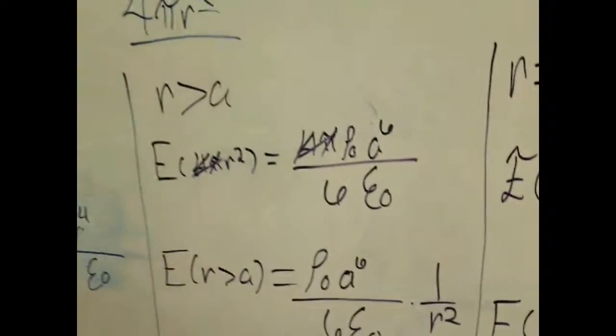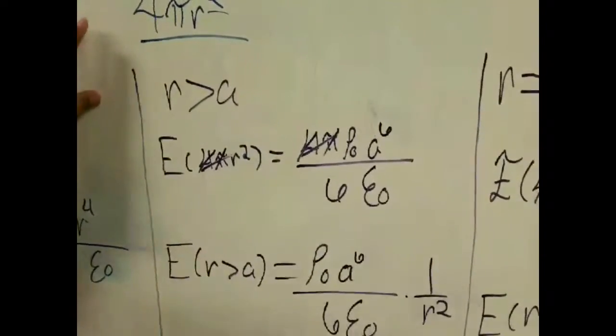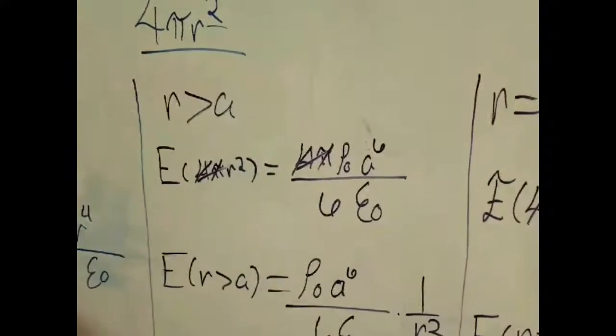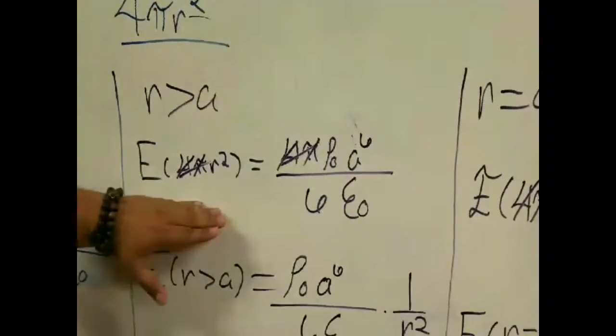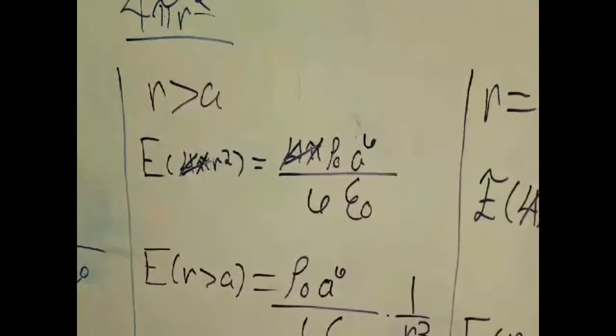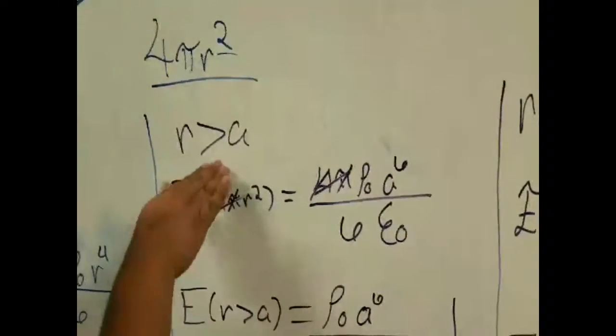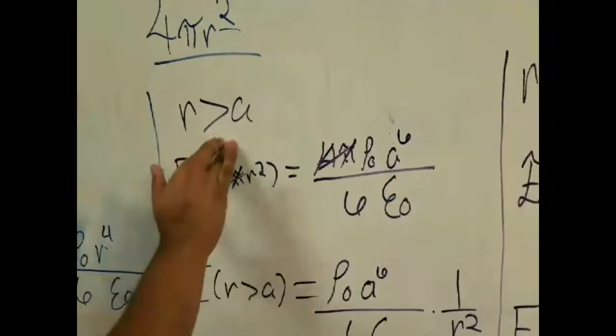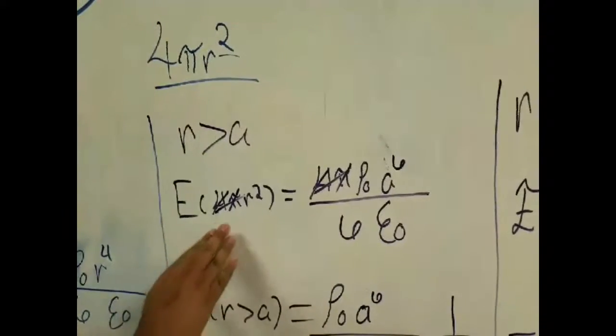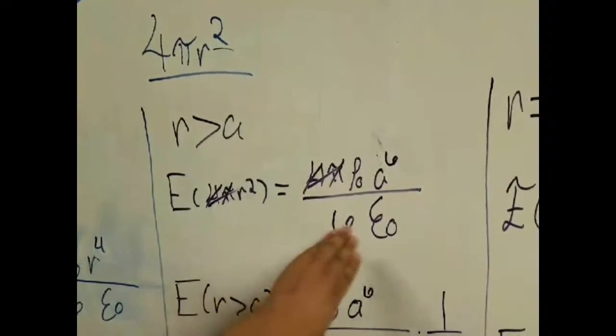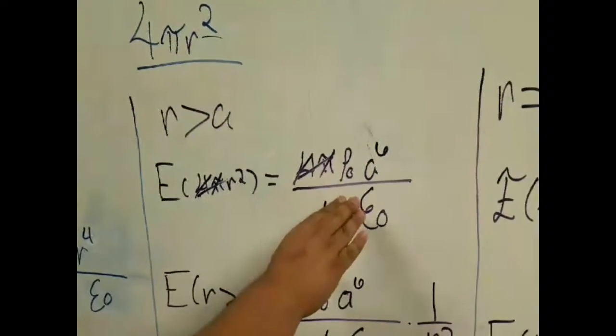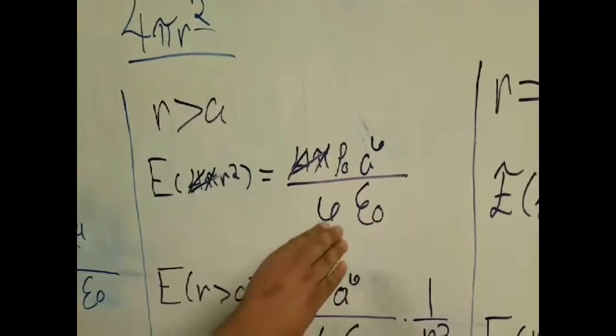Following the same instructions from here, we did the same process of canceling like the units that were the same. So for r greater than a, it's E times 4 pi r squared again equals 4 pi rho naught a to the 6 over 6 epsilon naught.